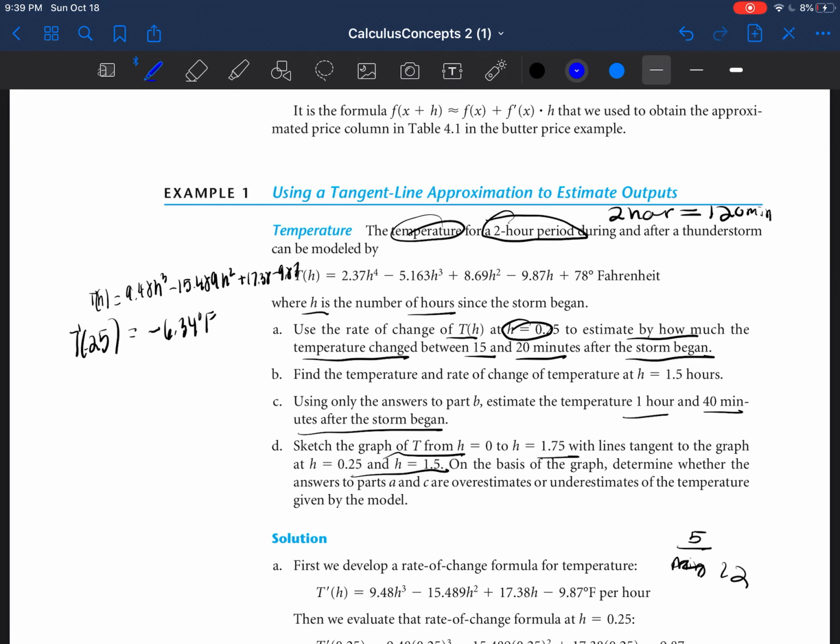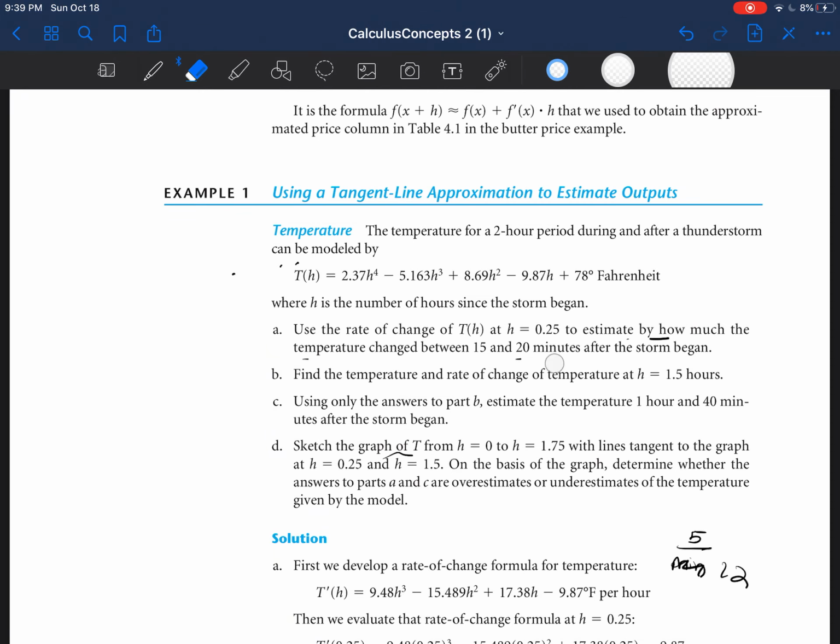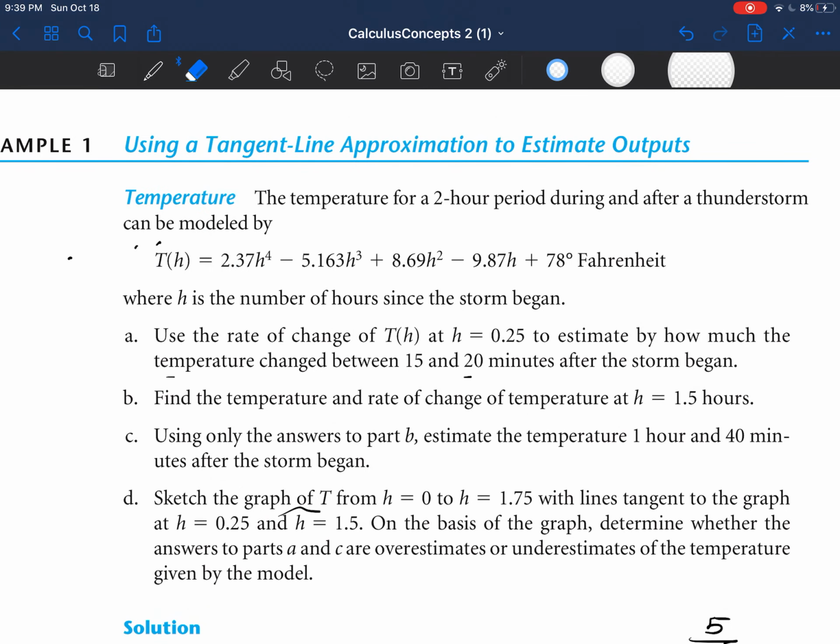Let's look at this problem, okay? I'm going to delete this. These are my notes. So let's look at this problem. We'll do this together. The temperature for a 2-hour period after a thunderstorm can be modeled by this. So this is the model, okay? Let's do this. So 2 hours, we know, is 120 minutes.